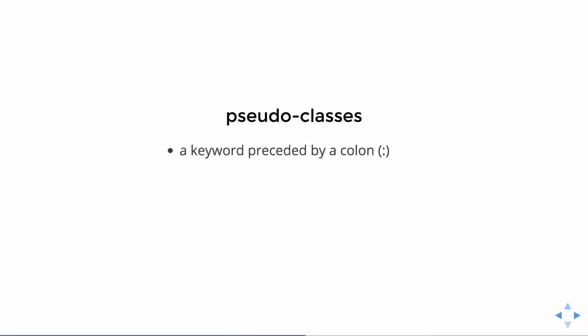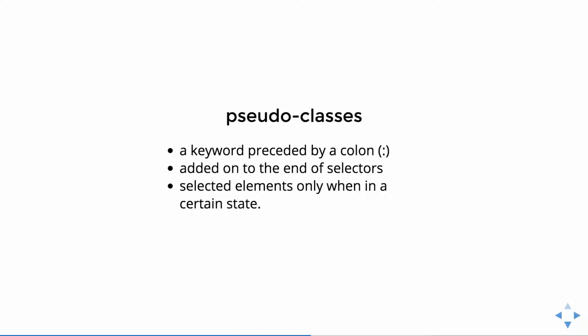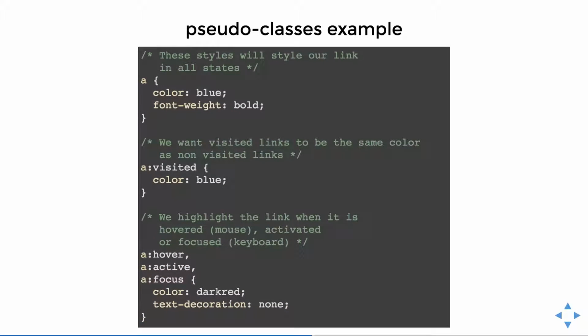So pseudo-classes. Typically, you're going to see this in a CSS file. It's a keyword preceded by a colon, right? You typically add it to the end of some other type of selector. What that basically does is let you select that element, but when that element is in a particular state. Here's a very common use case with links. We have a link, we want to give it a color blue.